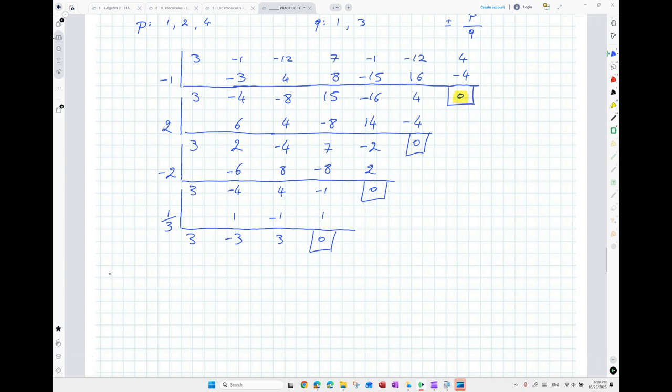So I will have that f of x equals x plus 1 times x minus 2 times x plus 2 times x minus 1/3 times 3x squared minus 3x plus 3.